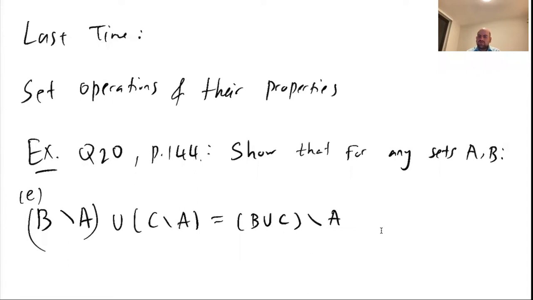Of course, one way to do this is to take an element in the left-hand side, show that it's a subset of the right-hand side, and the right-hand side is a subset of the left-hand side. So that's one way to do it, but we can also use the other identities that we learned before to try to prove this identity. You're allowed to use previous identities always to prove new identities.